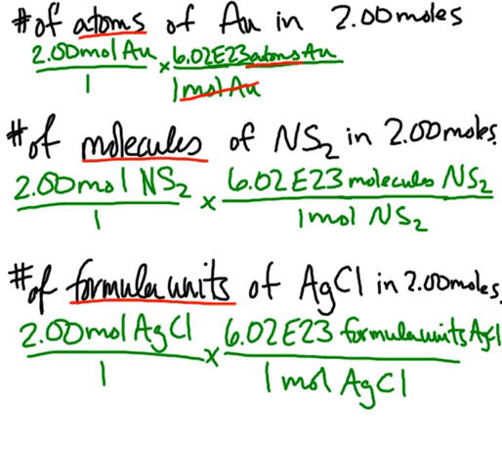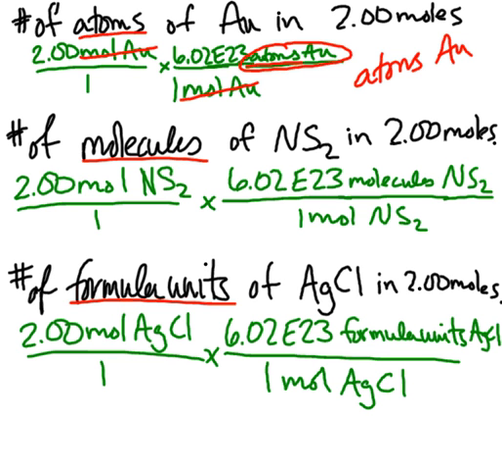So my moles will cancel out, and I'm left with atoms of gold. My final answer will be atoms of gold, whatever that number happens to be. It's 1.20 times 10 to the 24th.